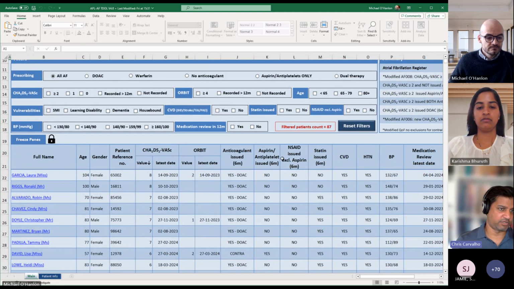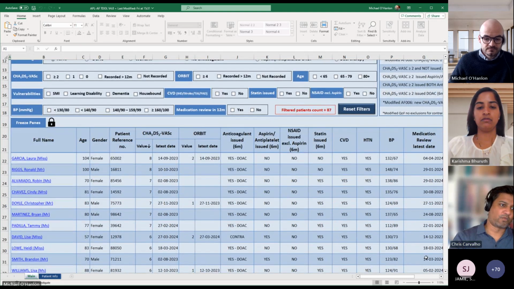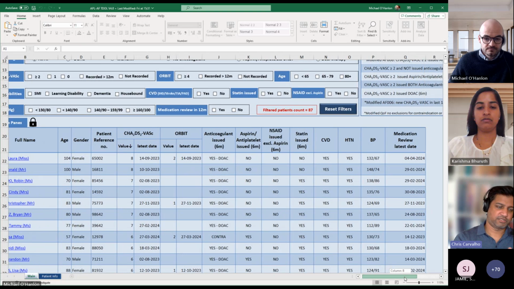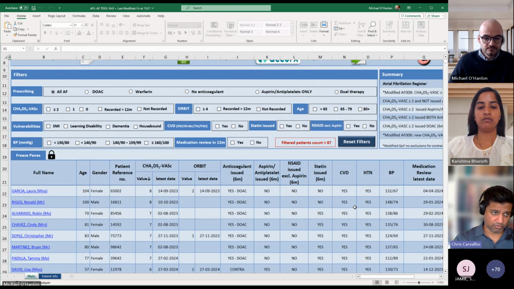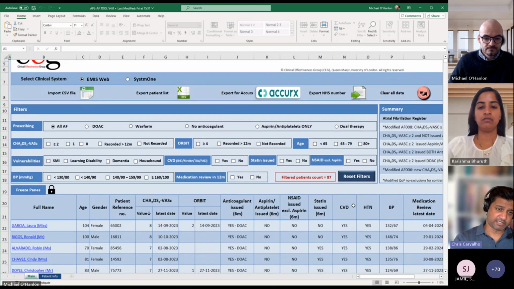There are a number of different ways in which you can look at it. One of them is to run this on a semi-regular basis, that could be on a monthly basis, to have a look at your list and to identify how many people are, for example, having had their CHA2DS2-VASc score done, whether they're on an anticoagulant or not.